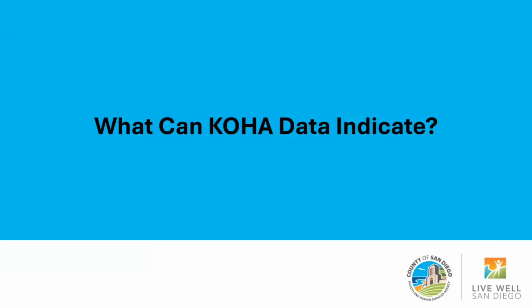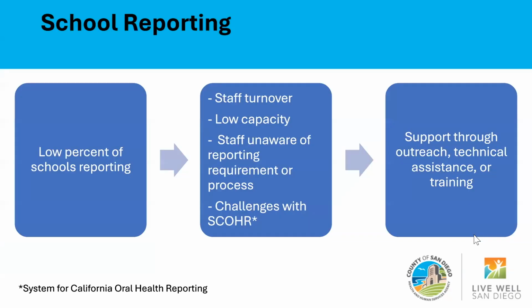A school's COHA data can identify unmet needs and potential challenges and help to engage schools and tailor solutions. So I'll give some examples of what you may see in your COHA data, challenges it may indicate, and actions to help address them. This can be helpful when thinking about what support the LOHP can offer with the resources it has. COHA data is one piece of the puzzle, and connecting with school staff can provide insight on specific challenges in their community.